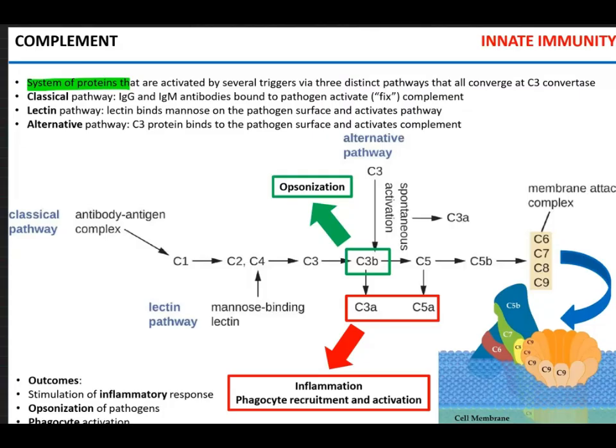Okay, so complement has to be activated. It's a cascade. Does that make sense? Like a domino effect. So hear me out. What you need to know: 3 activation stimuli, the convergence point, and the effects. Let's start with the 3 stimuli.